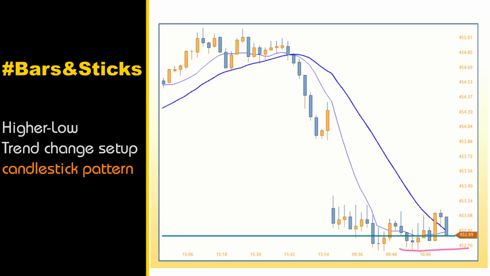Let's take that out. Still holding. This green line here, that represents my average price. So every time you see that green line, it represents my average price.